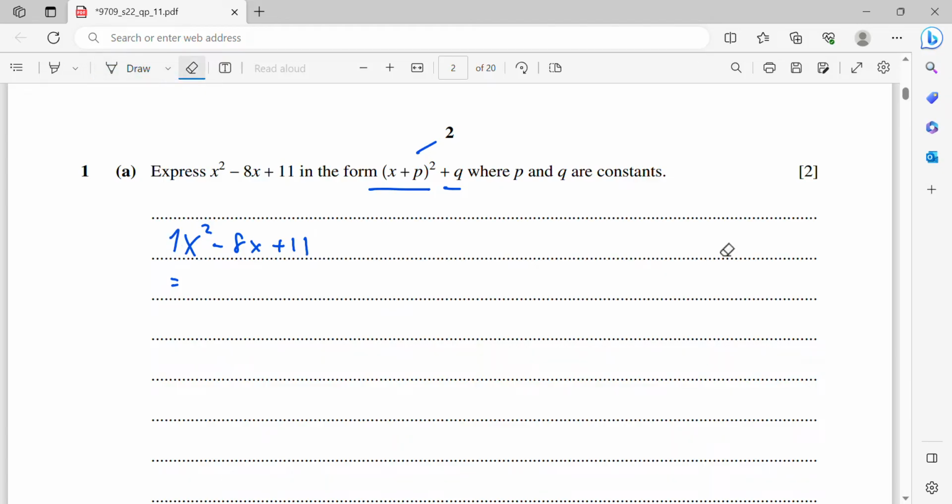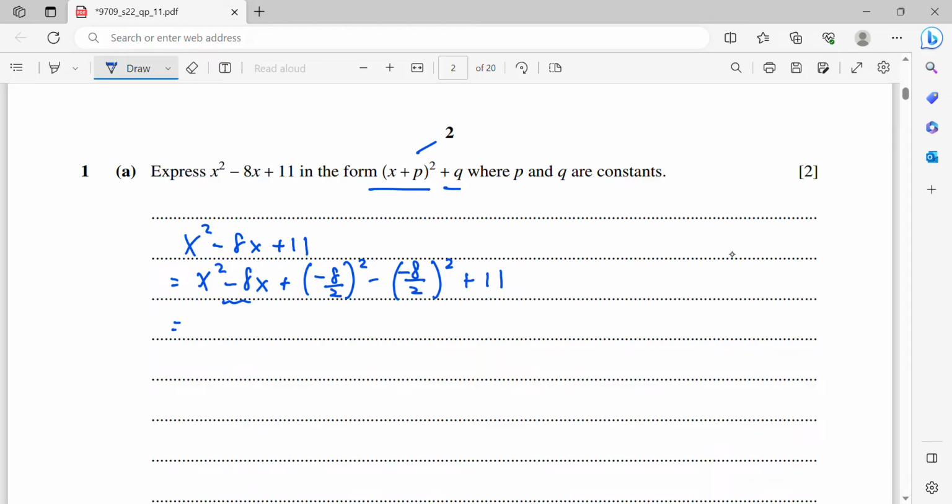So now you can just rewrite the first two terms, x squared minus 8x plus square of the bracket minus square of the bracket, then plus 11. So for the brackets, we need to get the coefficient of x and divide by 2. So which means it is minus 8 divided by 2, for both brackets.